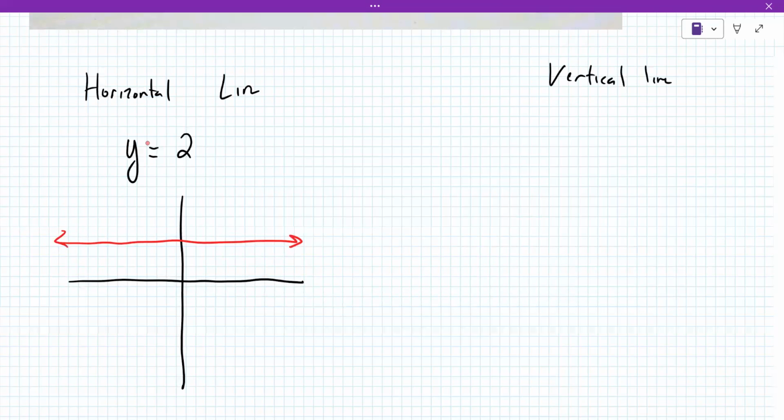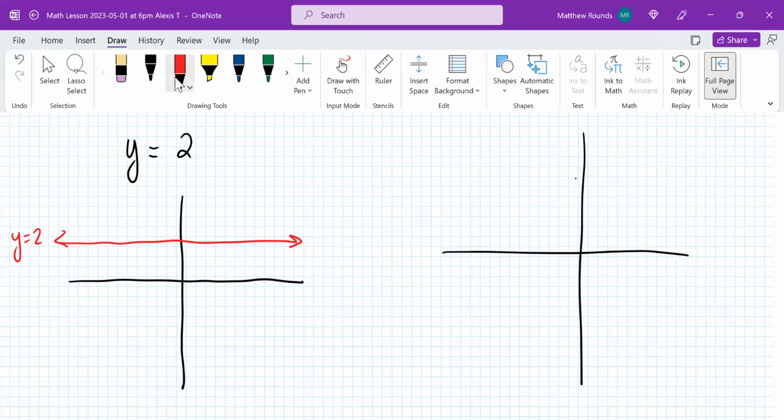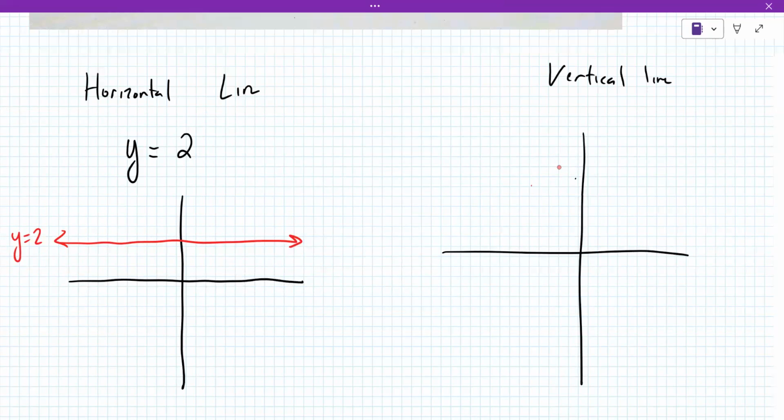This is y equals 2. And then let's do the same thing for a vertical line. Do you have a negative number in mind? x equals -6. Okay, good, that worked. So x equals -6.